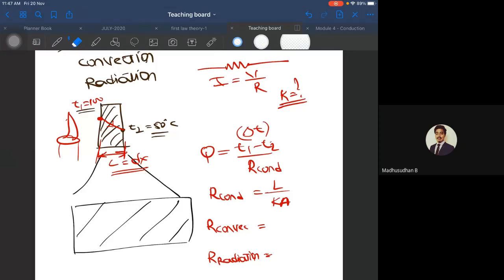Download it, open it in a new tab, look into it, and give me the answers. So thermal conductivity. What is k? Thermal conductivity. Okay, I'll just write this down.